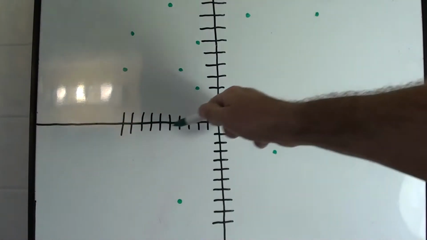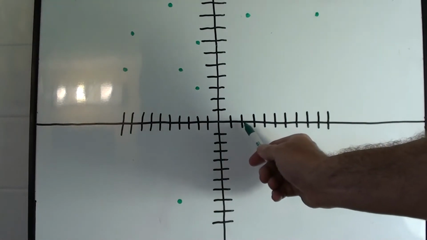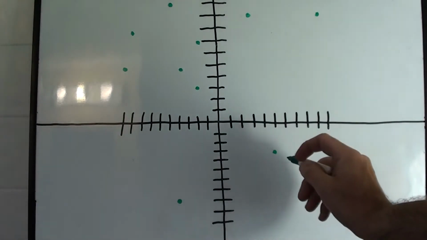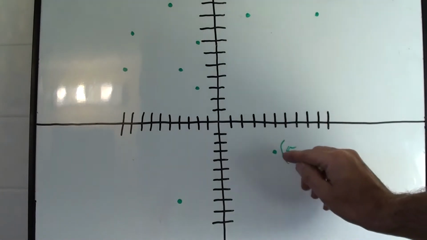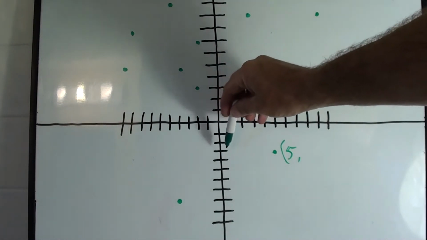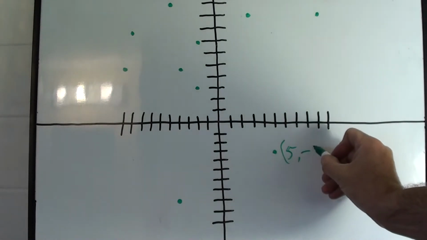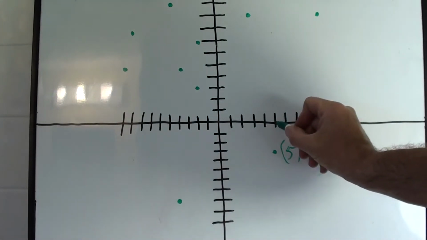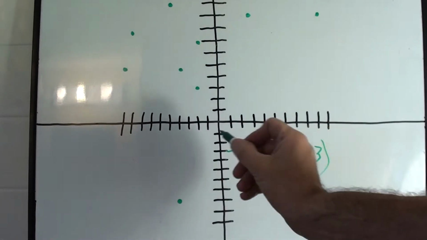That would be negative and negative. So this dot right here is 1, 2, 3, 4, 5. So a positive 5. And then we got to go down 1, 2, 3. A negative 3.